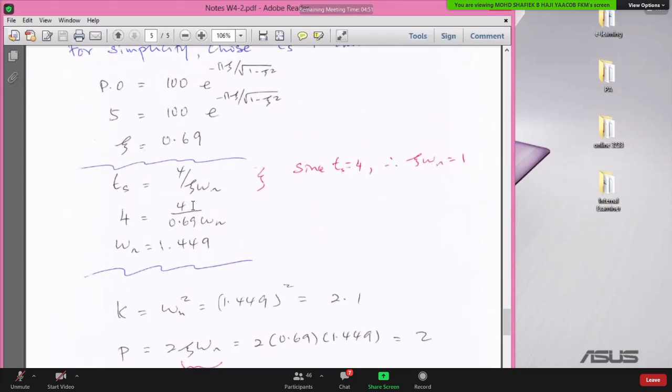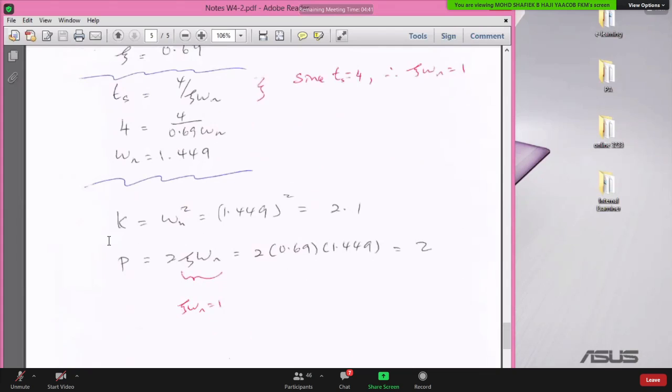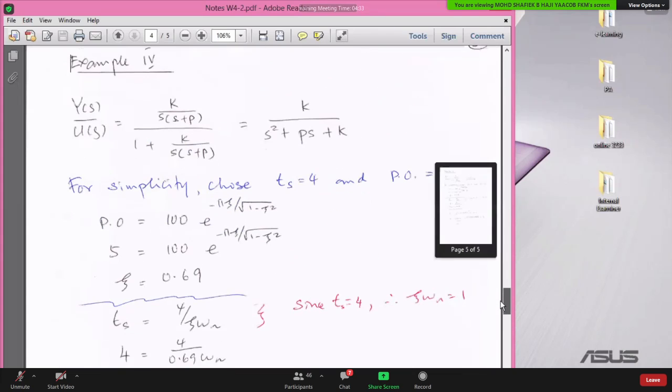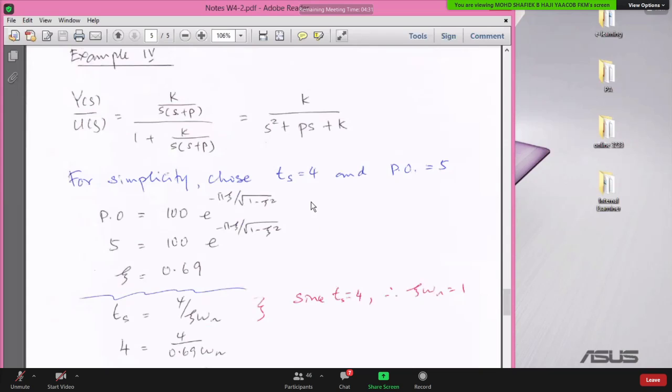From that equation, you can see that for a settling time of 4 seconds, zeta omega n is equal to 1. And then you can quickly solve for K and P. So when K is equal to 0.1 and P is equal to 2, you can now fulfill the requirement of settling time equal to 4 seconds and percent overshoot equal to 5.